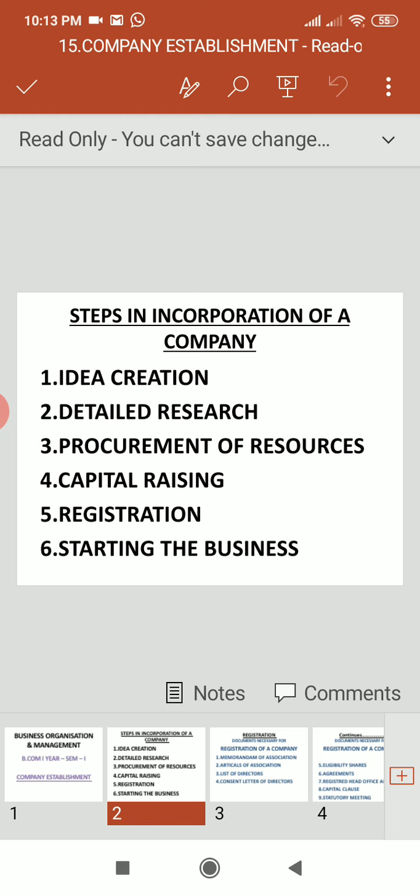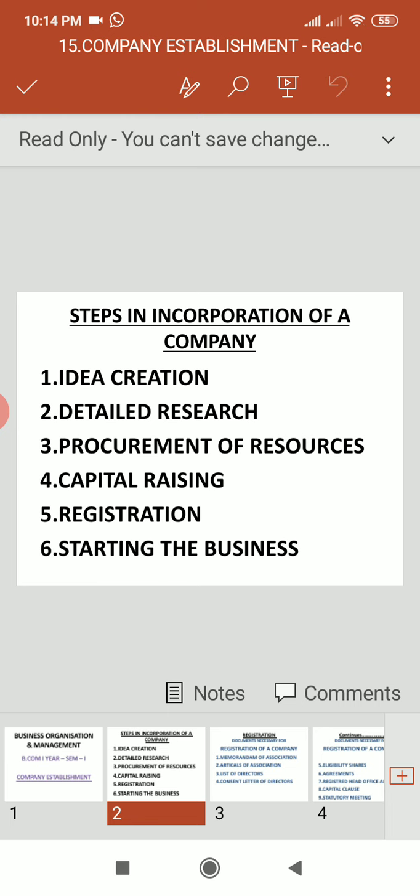Before that, the steps involved. Establishment of a company is called incorporation. Incorporation of a company. The steps involved in incorporation of a company are mainly six.